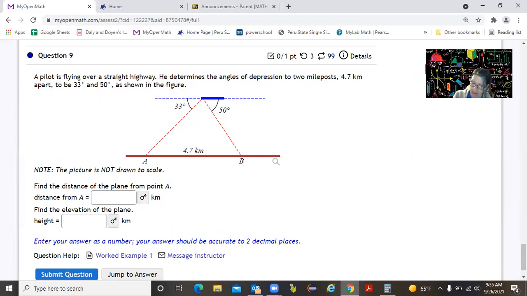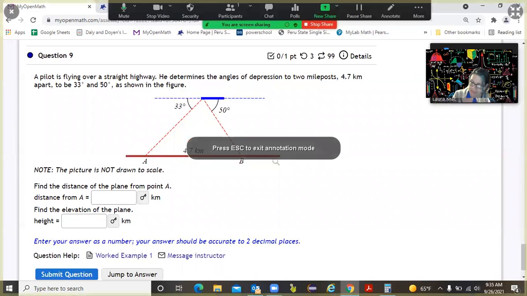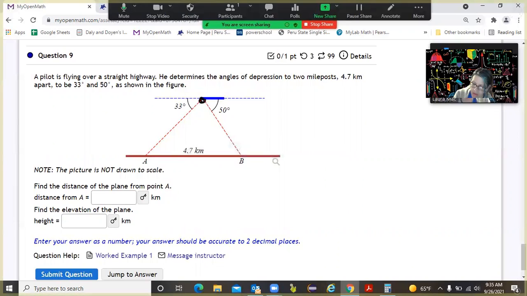So the plane is right here. Here's my plane. So I want to know what the distance is from point A. So in other words, we're looking for our little A here. So it might seem like we don't have enough pieces, but it says straight highway on purpose to let you know that this blue line here is also a straight line.